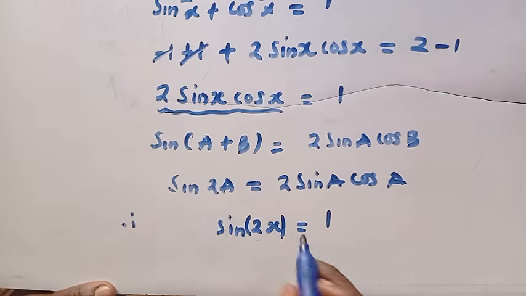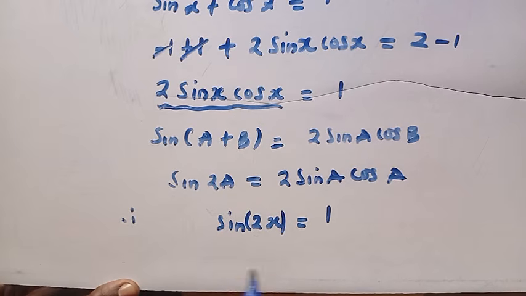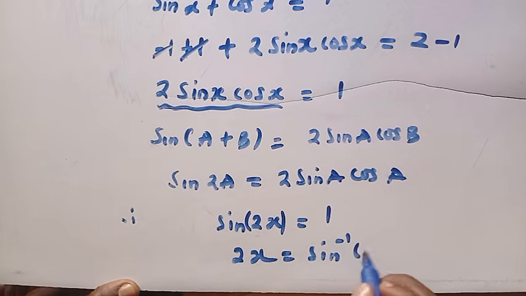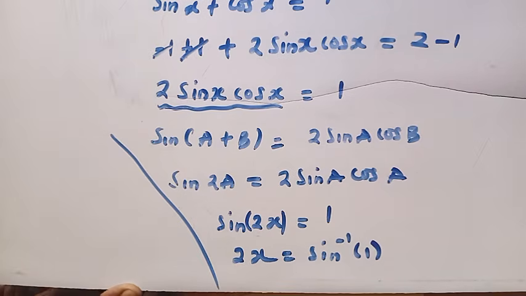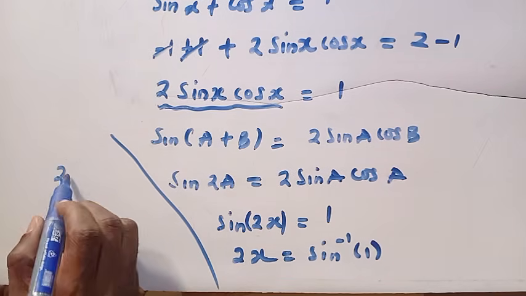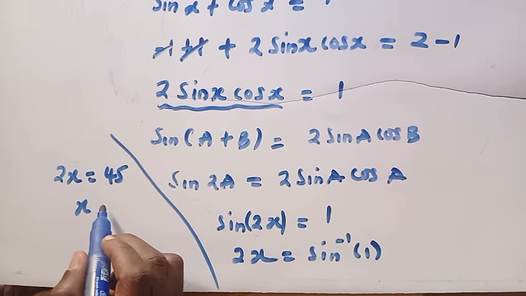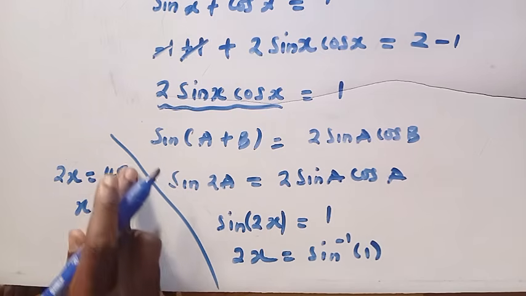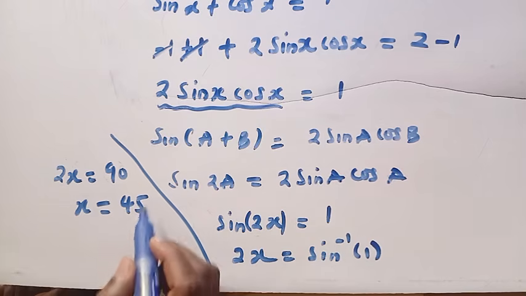We need to take the inverse of both sides, so that we have 2x equals the sine inverse of 1. And the sine inverse of 1 gives us 90 degrees, and x equals 45.